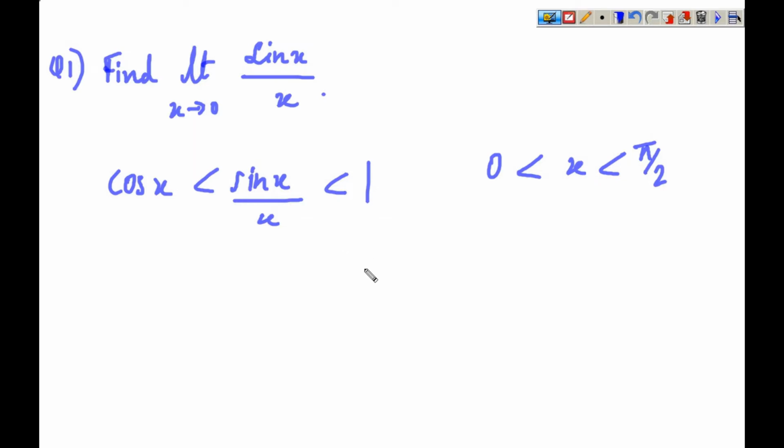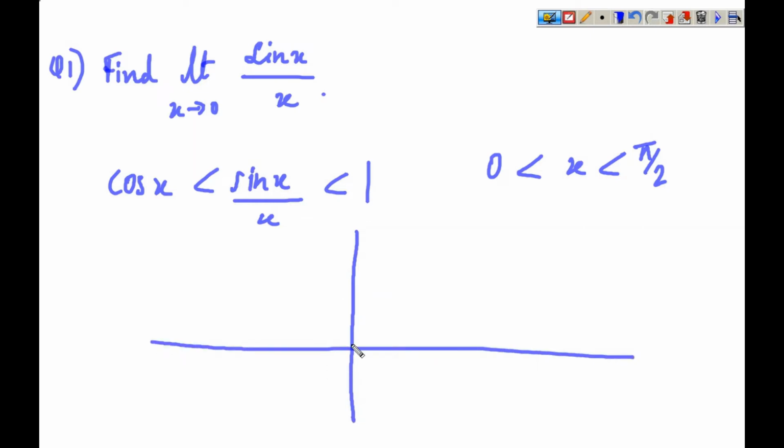So let's make a graph of this function. We don't really have to solve this, and when I make a graph of this function, we can solve this problem within like 2 seconds. I'll make a small graph. This is the vertical axis, and this is the horizontal axis, right? On the vertical axis we'll keep 0 and 1.